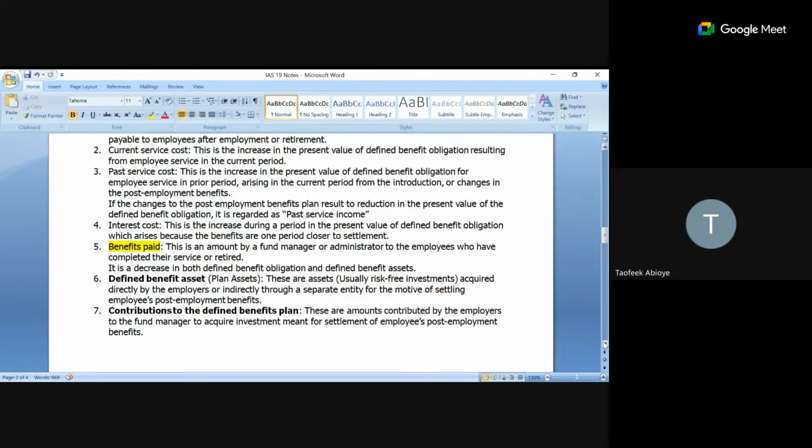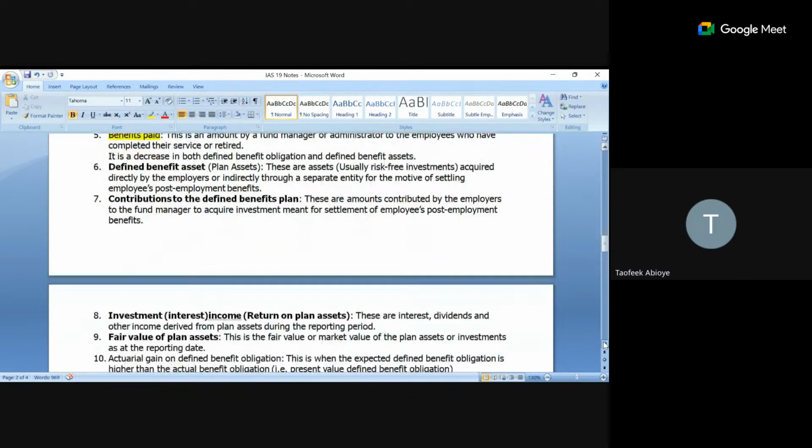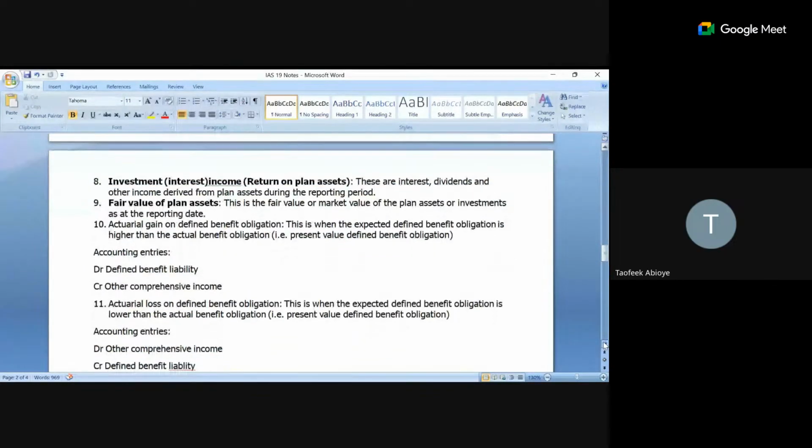Now, investment income. Look at it. It is called return on plan asset. When you invest, just like I said, you are going to receive interest income. The standard says these are interest, dividend, and other income derived from plan assets during the reporting period.